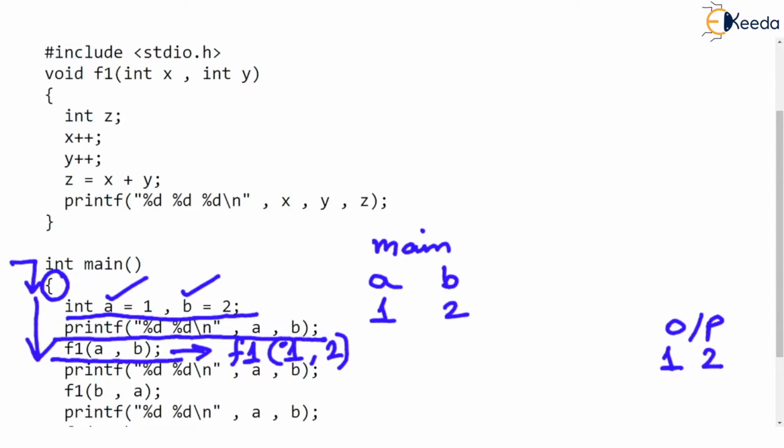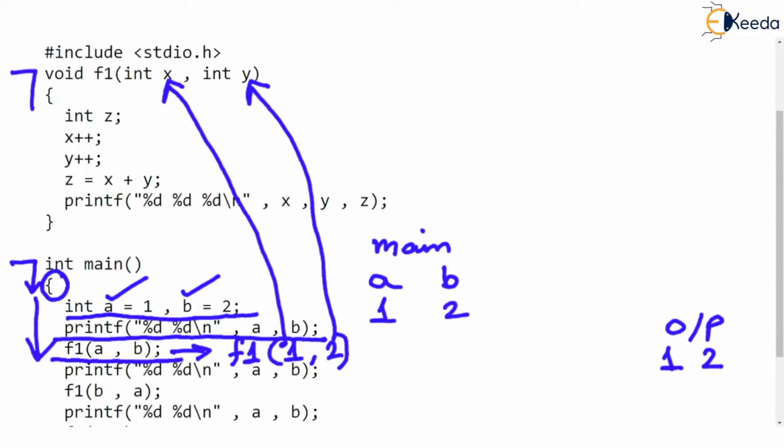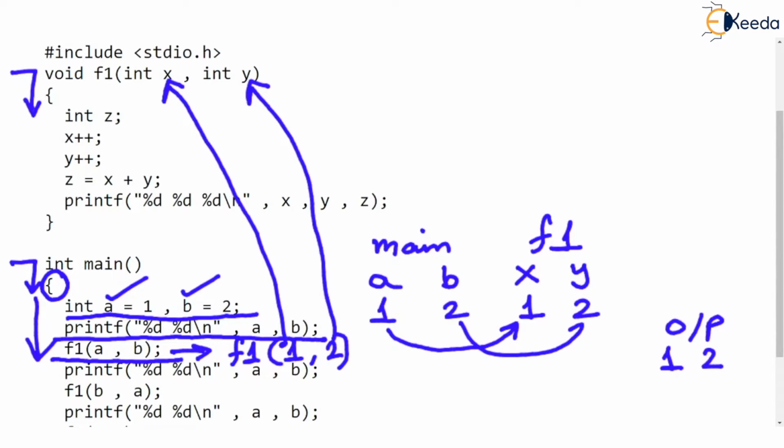So this value 1 will go in the first parameter x of the function, and 2 will go in the second parameter y of the function. Now the function f1 will begin. I will open up f1 over here and show it has two parameters x and y, and x is 1 because x has received the value of a, and y is 2 because it has received the value of b.